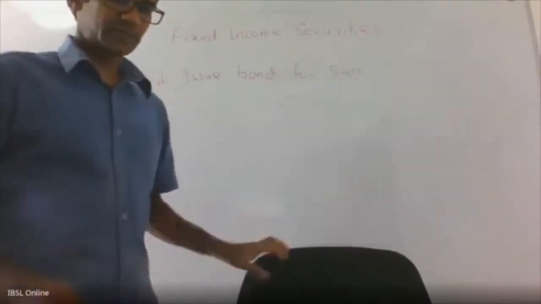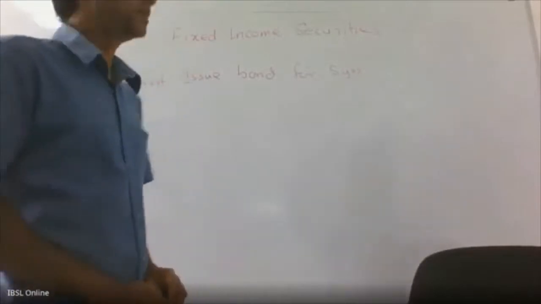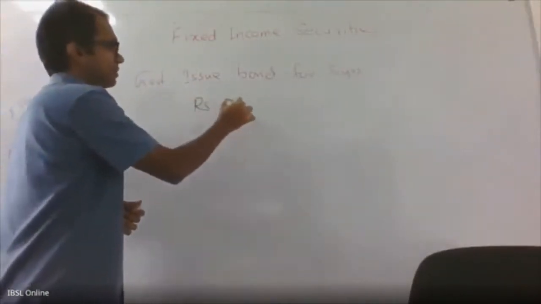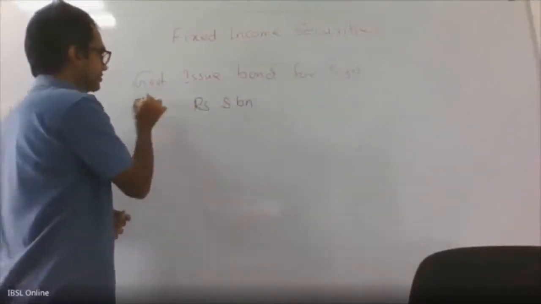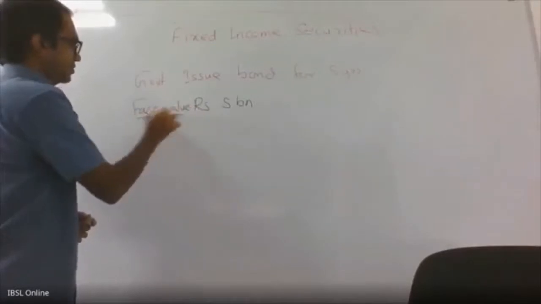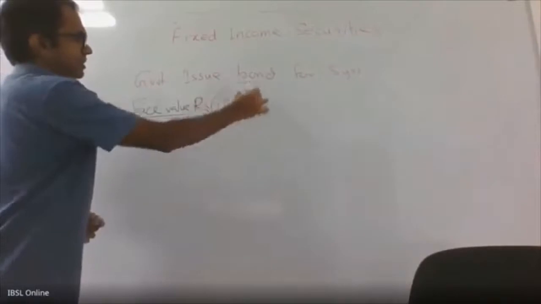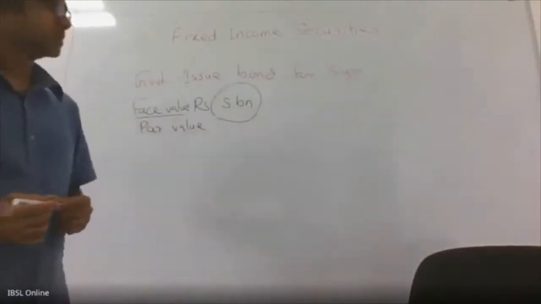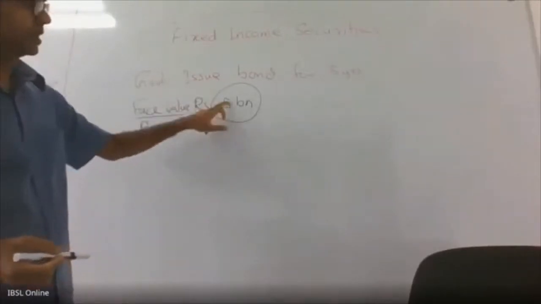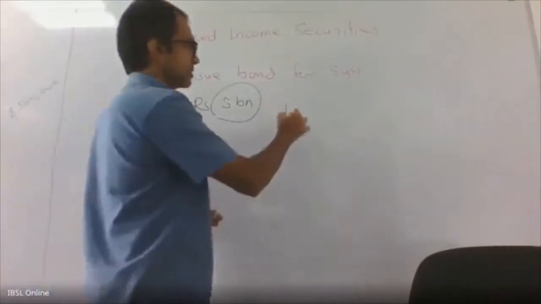If you have referred to press releases issued by the Public Debt Department, you might have seen rupees 5 billion. It says face value, or the par value. This is the amount the government, as the issuer, agrees to pay at the end of 5 years.